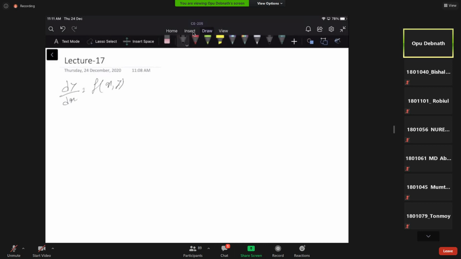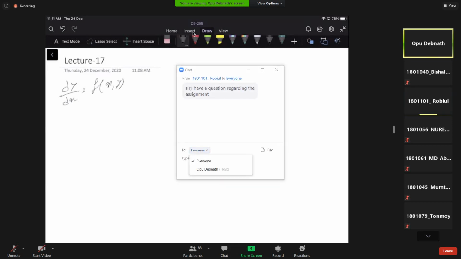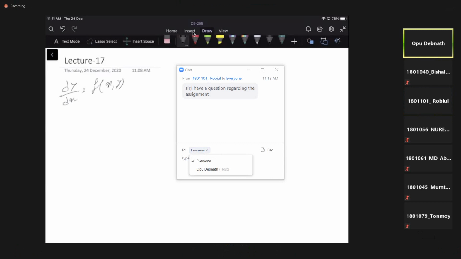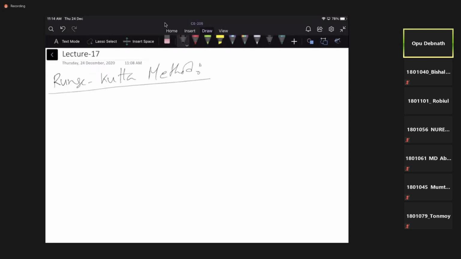So I think you only need to read the basic principles for each method. There will be something like multiple choice or fill in the blanks type questions, so you do not need to prepare with detailed mathematical problems. Just the basic principles and the working principles of each method, that's enough. So hopefully you will prepare yourself within this weekend.